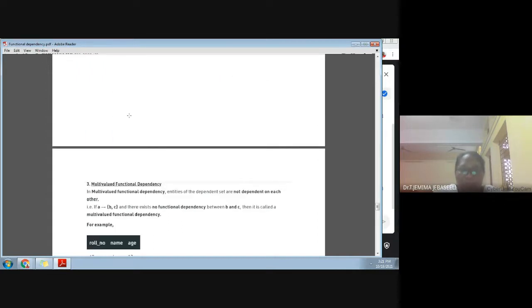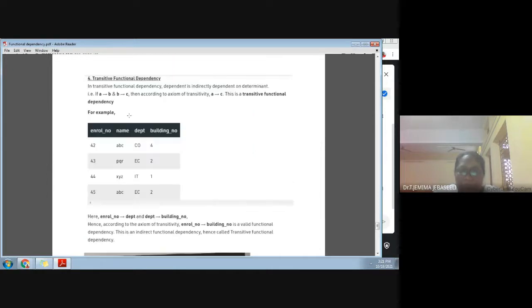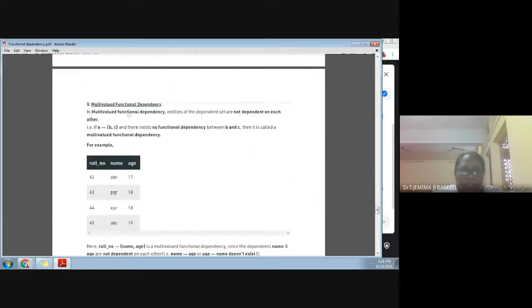And the next one is multi-valued functional dependency. Consider that the entities of the dependent are not dependent on each other. So B to C is not dependent. A to B, C: when you take B comma C, between B and C there is no functional dependency.